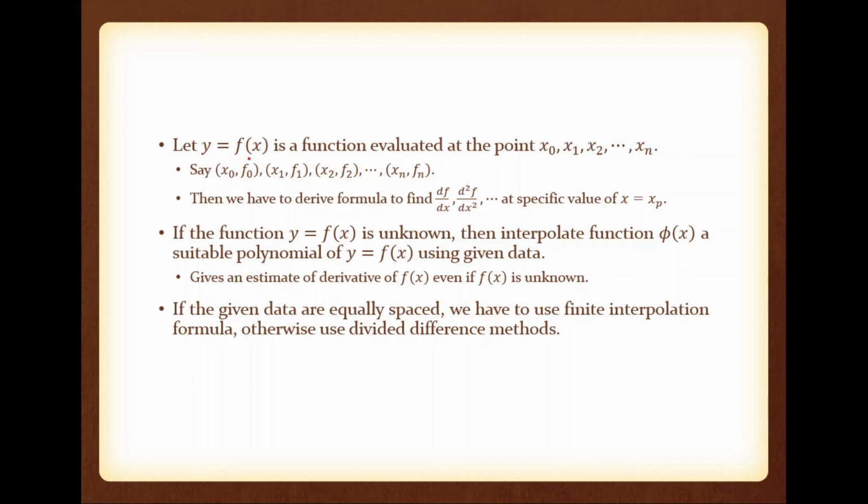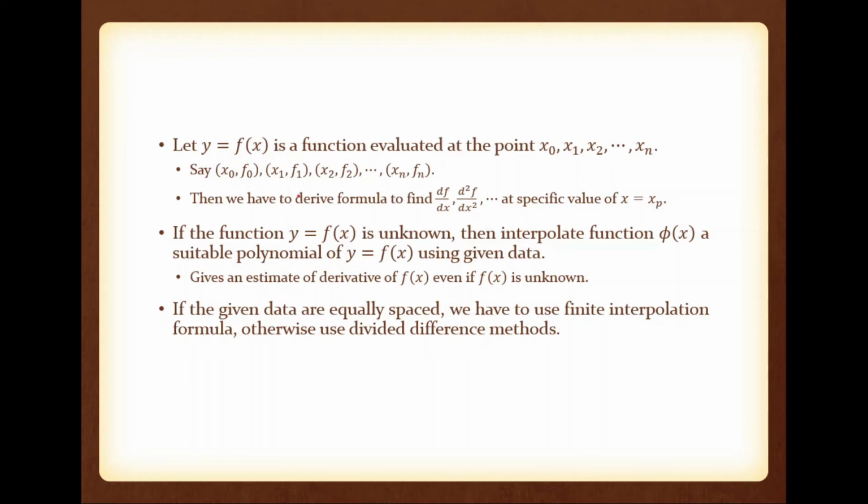So let y equal to f of x be a function evaluated at the points x0, x1, x2, etc. xn. Means the values of y equal to f of x are x0, f0, x1, f1, x2, f2, etc. xn, fn. These are the data of y equal to f of x, the available data.